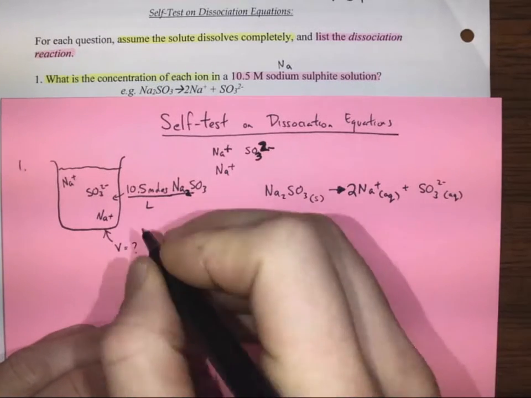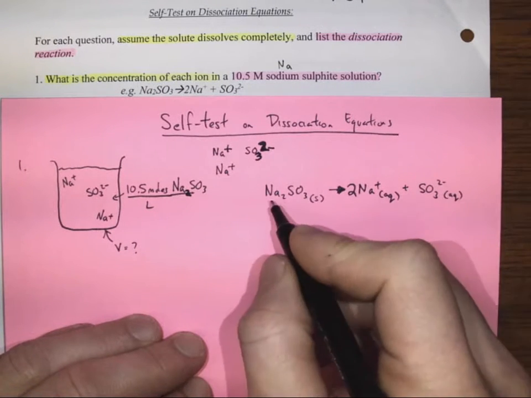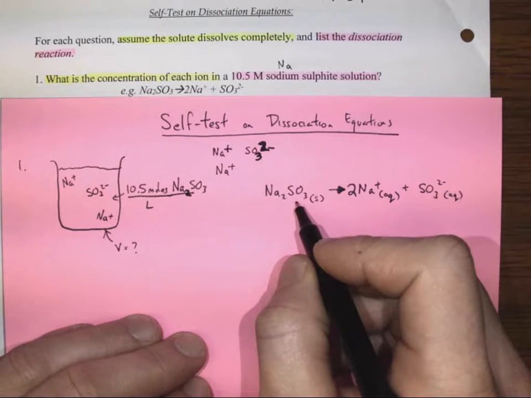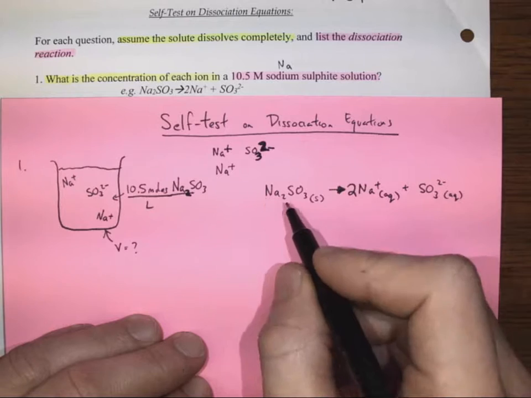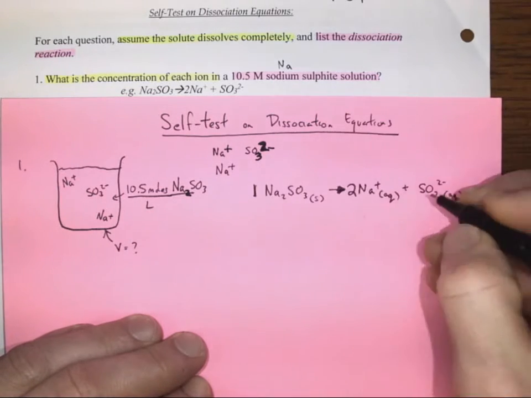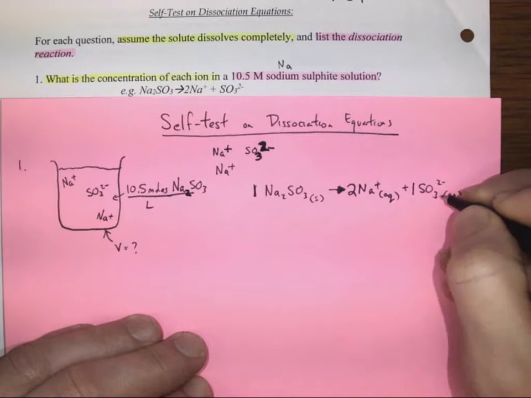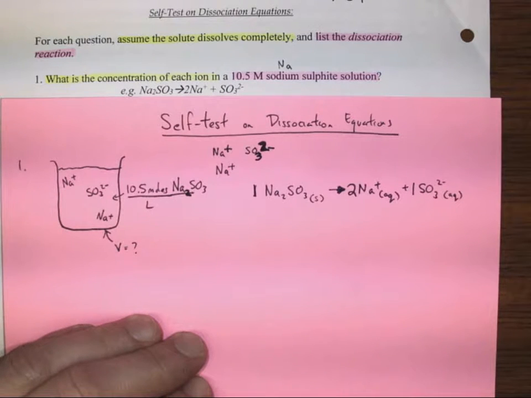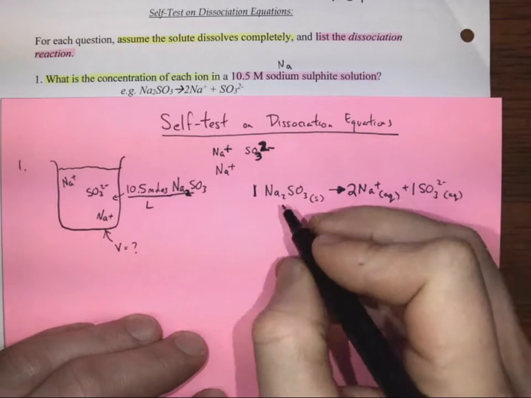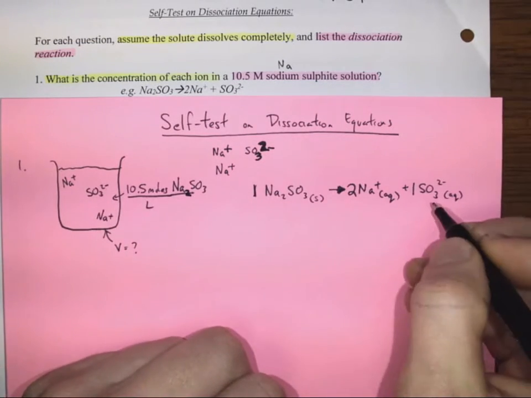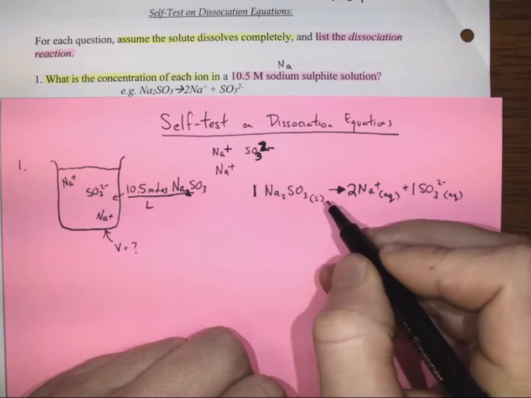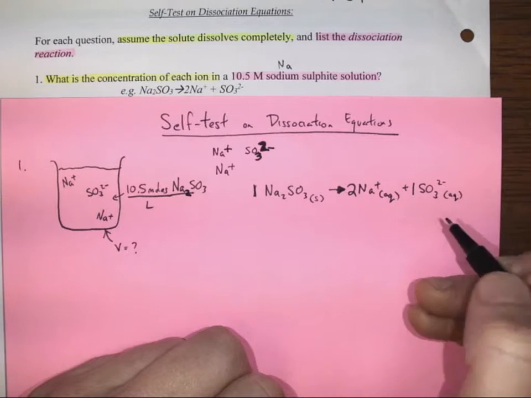And then we say, okay, if I have 10.5 moles of this stuff for every liter, the ratio is I have 1 sodium sulfite compound, which creates 1 sulfite ion and 2 sodiums. The molar ratio is 1 to 2 to 1.